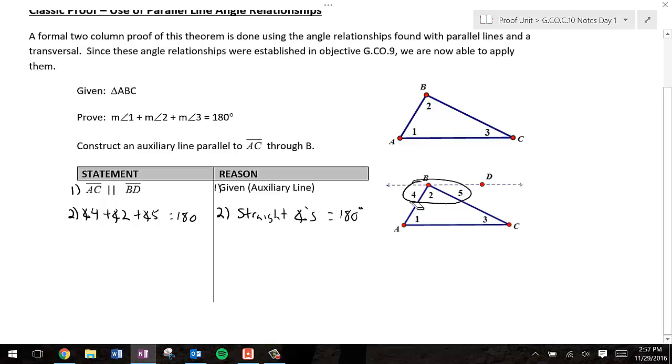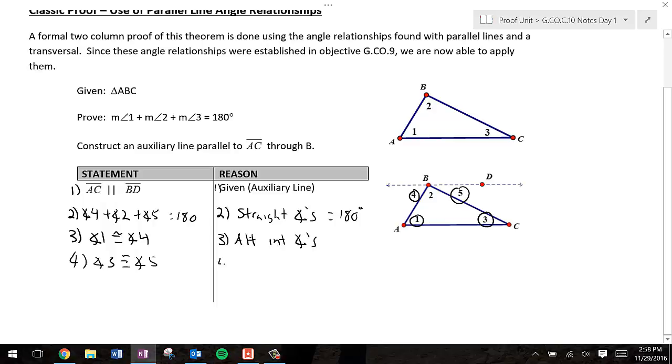Now, if I take that out and we think about our parallel lines that we talked about in G.CO.C.9, we know that 1 and 4 are alternate interior angles. So I've got alternate interior angles with 5 and with 3 here. So step 4 is that angle 3 is congruent to angle 5 by alternate interior angles.